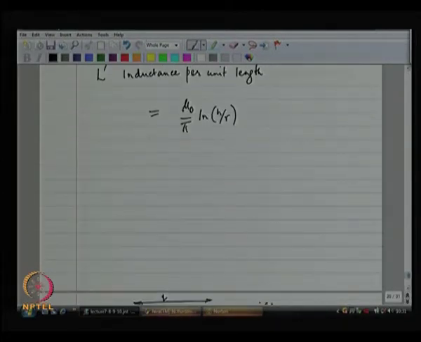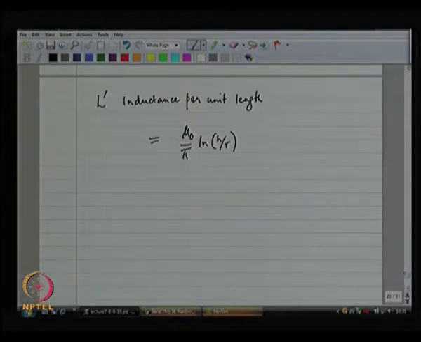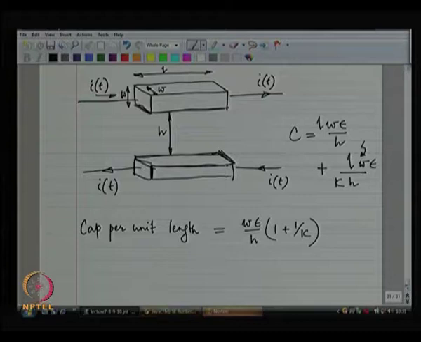The earlier conclusions were, when we were doing inductance, the separation between the two wires increases, inductance increases. The radius of the wire decreases, inductance increases. What are the conclusions now?